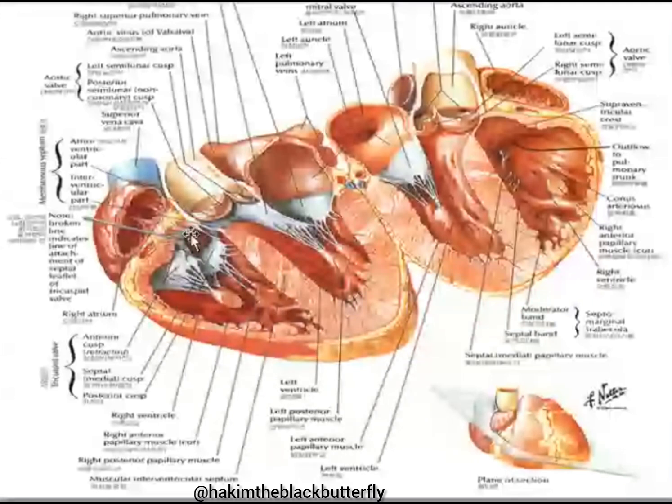And then you have that one, which is the posterior. You go and look at these cusps, the three cusps. That's why they call it tricuspid valve. And you go and also look at these two cusps of the mitral valve. What else are we seeing? You observe very carefully that from the walls of the ventricles, we are having pyramidal muscles.